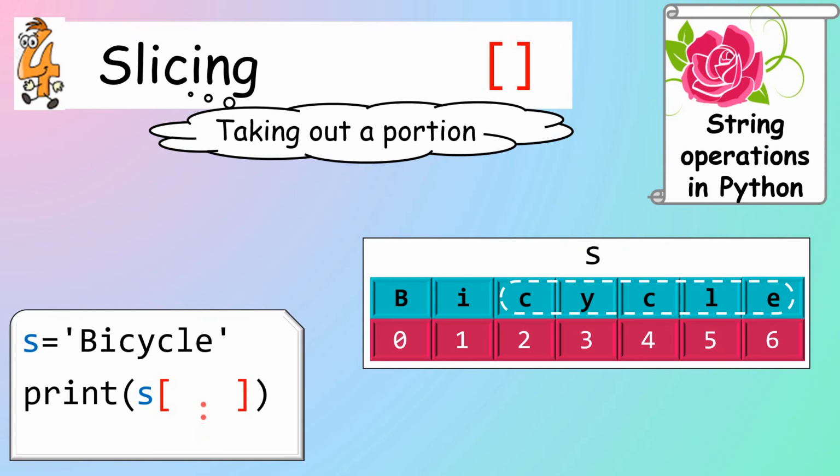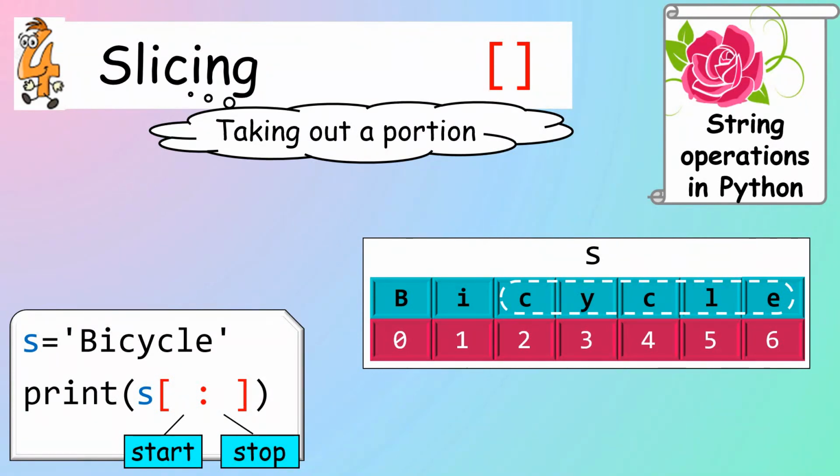The variable is S. And then use the slicing operator square brackets, and within the square brackets you have to place a colon. So why are we placing a colon? Because the slicing operation takes two parameters. One parameter is before the colon, which is the start index, and another parameter is after the colon, which is the stop index. Now look at the substring cycle in the main string bicycle.